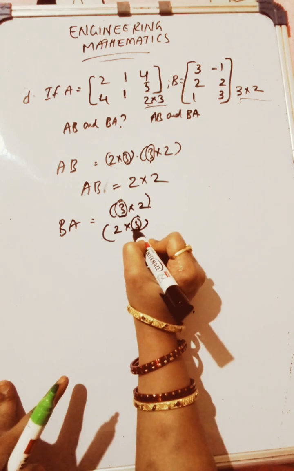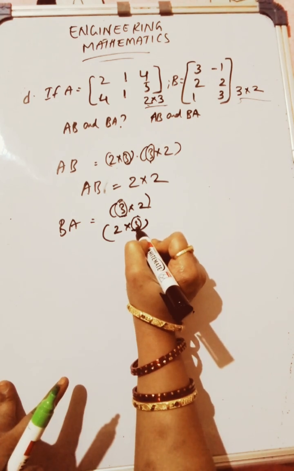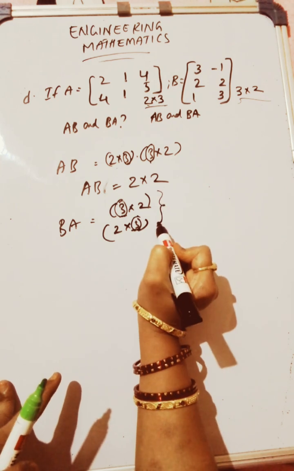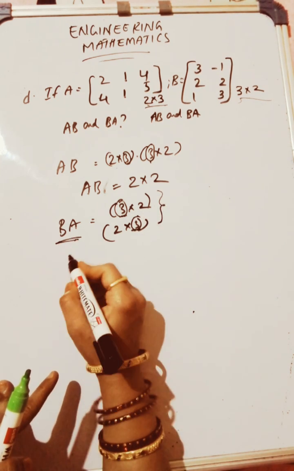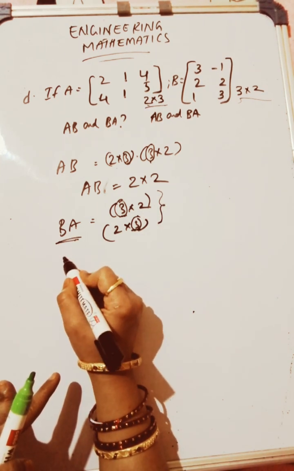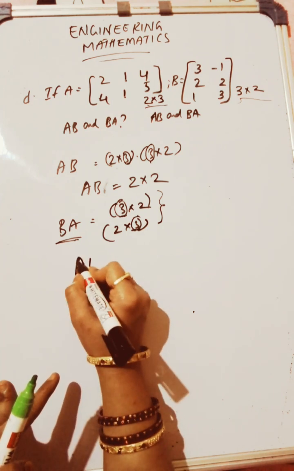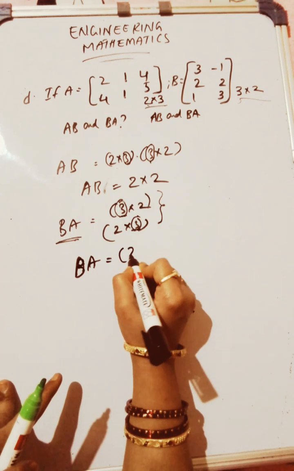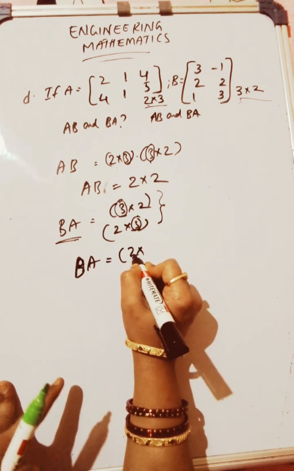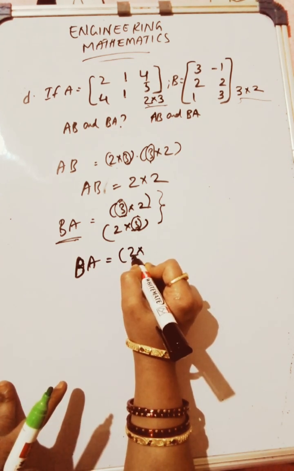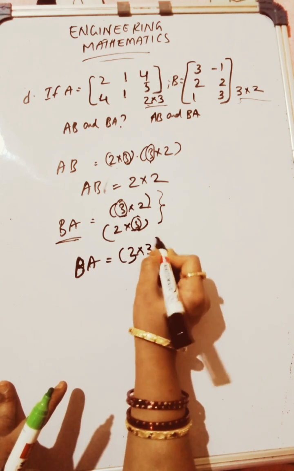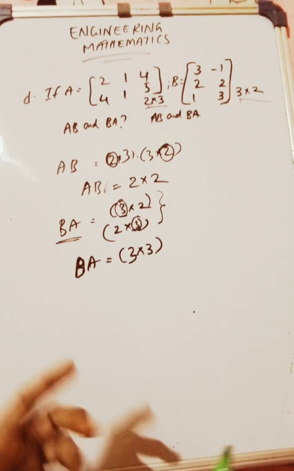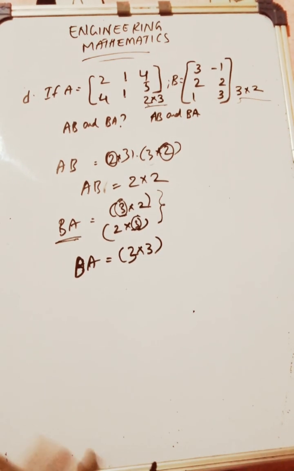If this condition is satisfied, we can definitely perform the multiplication, and the order of BA is 3 by 3. Okay, this is the simple logic we have to remember here.